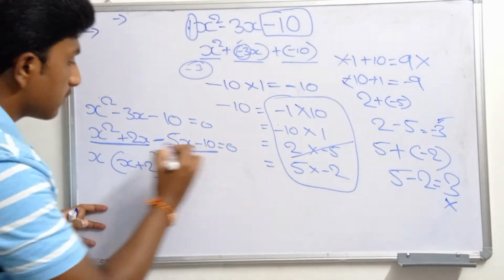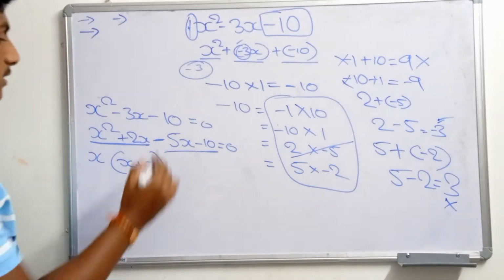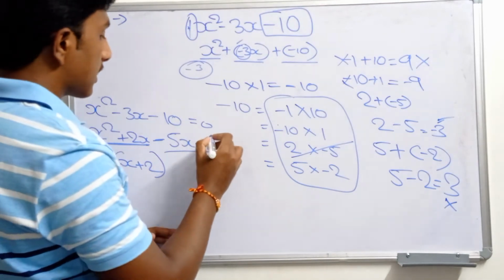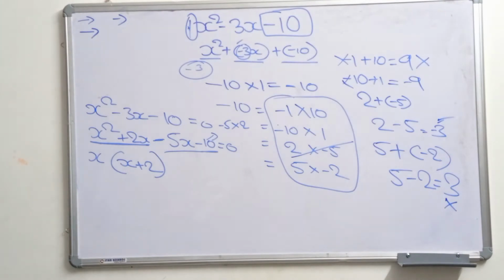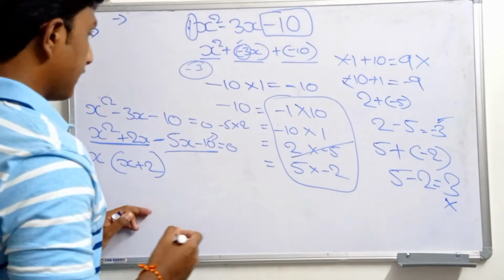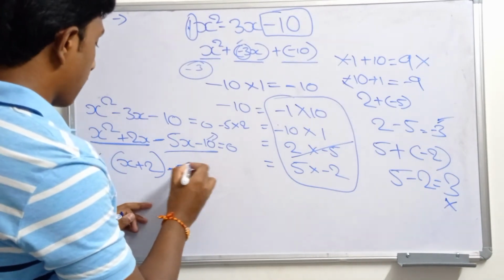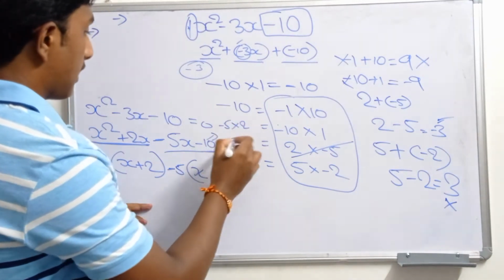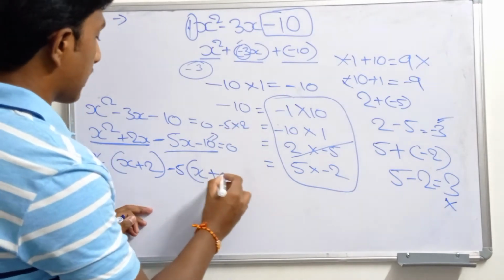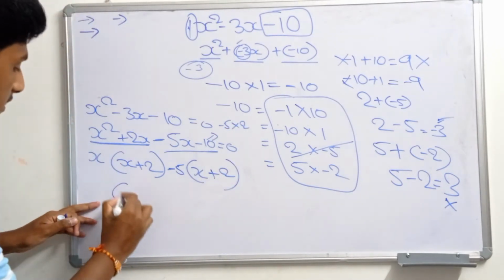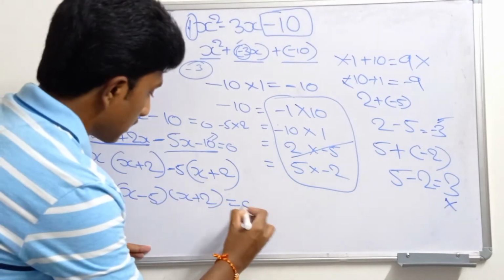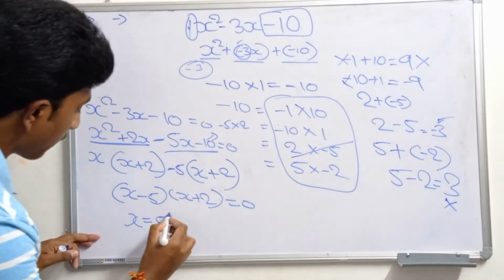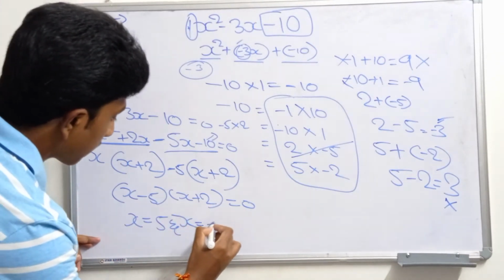In these two terms we can take minus 5 as common: minus 10 can be written as minus 5 into 2. Guys, is it clear? So we take minus 5 as common, and here we don't have anything, so we take it as plus x plus 2. That means x minus 5 into x plus 2 equals 0. That means x equals 5 and x equals minus 2.